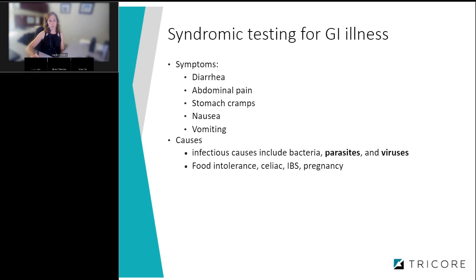There's numerous causes for GI illness, including infectious causes from bacteria, and here we'll focus primarily on the parasites and viruses. But there's many non-infectious causes, including intolerance for a certain food, celiac disease, irritable bowel syndrome, and pregnancy, just to name a few. So there's many, many causes that can be non-infectious.